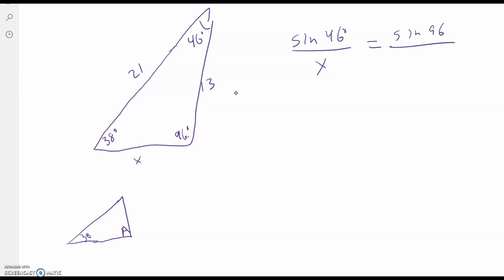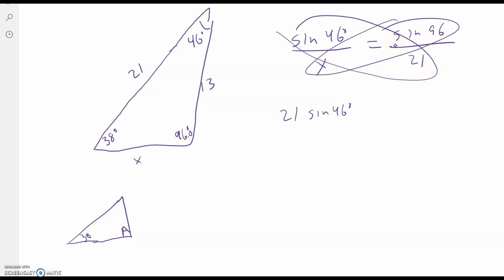And that should be 96.0 because it says one digit after the decimal point. And just cross multiply again. So 21 times sine 46 equals x times sine 96. I'll just do two steps at once. Just divide by sine 96 equals x.